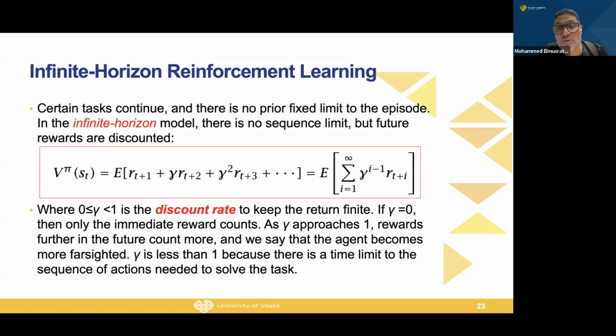If I ask any one of you, what you prefer, today you get in your hand 1,000 euro, or you get 100,000 euro but after 10 years.